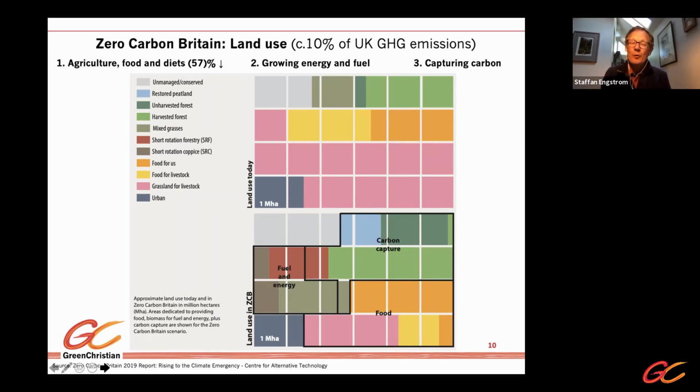Similarly, a repurposing for the use of fuel and energy in that little box at the bottom there. So short rotation forestry, short rotation crops to allow that to be used for energy. And so there's a pulling of carbon out of the atmosphere, growing those crops, using them, then when the carbon gets put back in, but then recycling that carbon so you're using it in a very efficient and effective way.